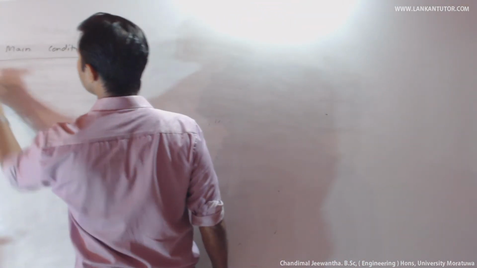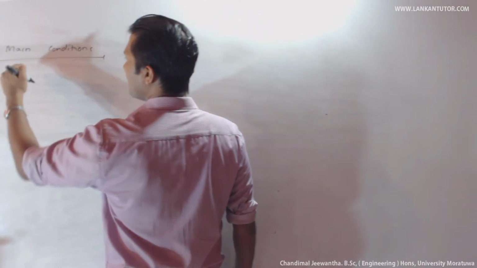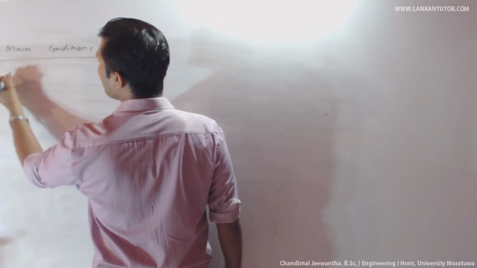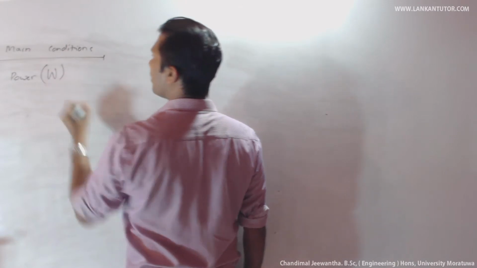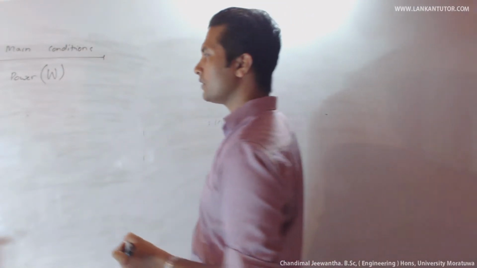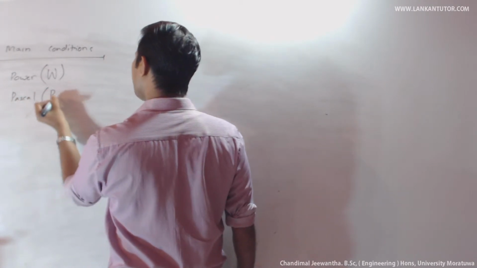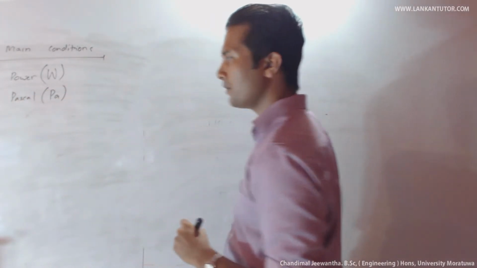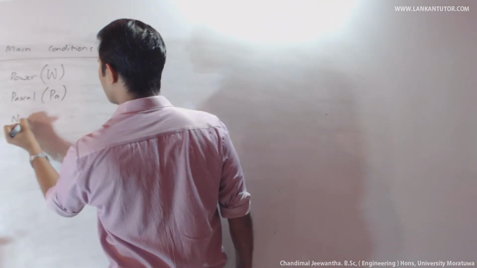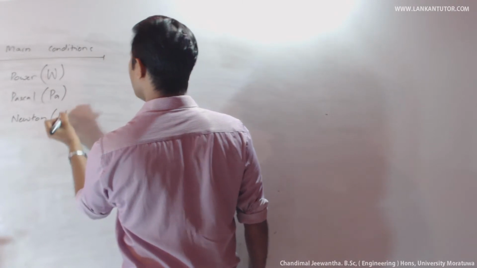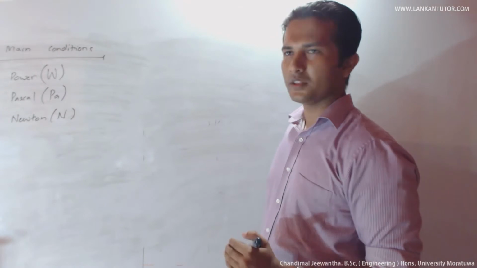For example, you can consider the unit of power, that is capital W, watt. Then you can consider Pascal. The symbol is capital P, the second letter should be simple a. Then the third one, Newton, capital N. Those are the examples for the first condition.